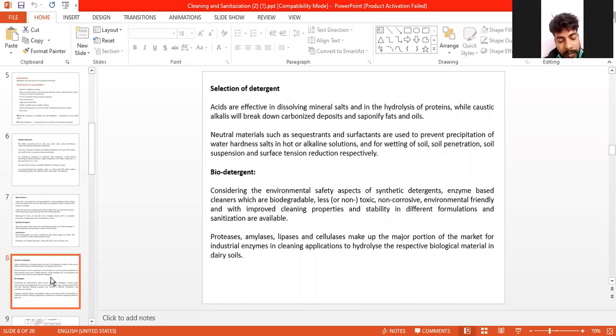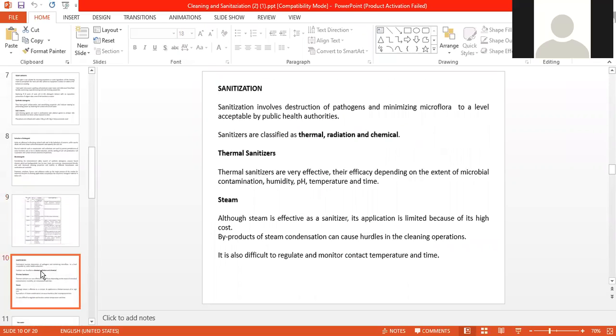So scientists developed some bio detergents which are very useful not only for cleaning the equipment, but at the same time they are economic, eco-friendly, enzyme based, biodegradable, and less toxic. They not only improve the cleaning efficiency, but also help in sanitizing the equipment. I will discuss this in detail in the next class.